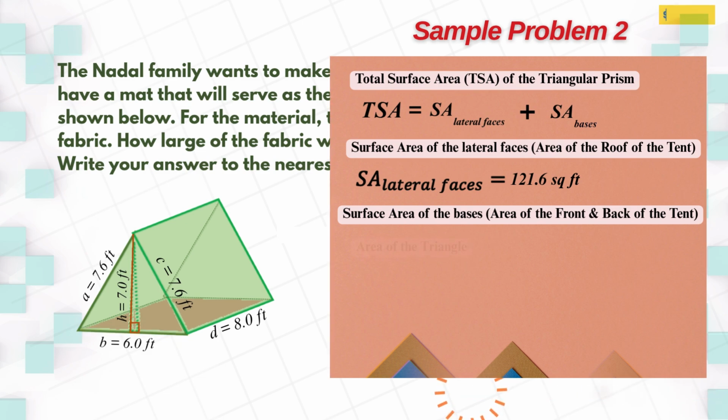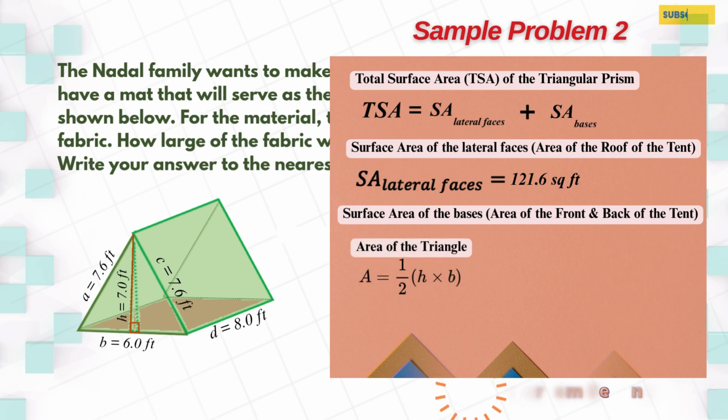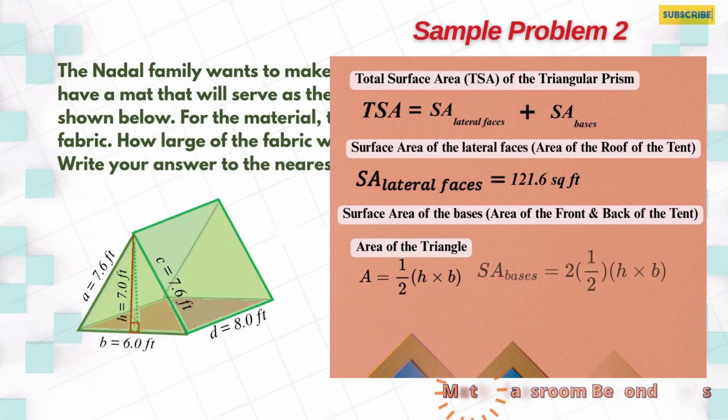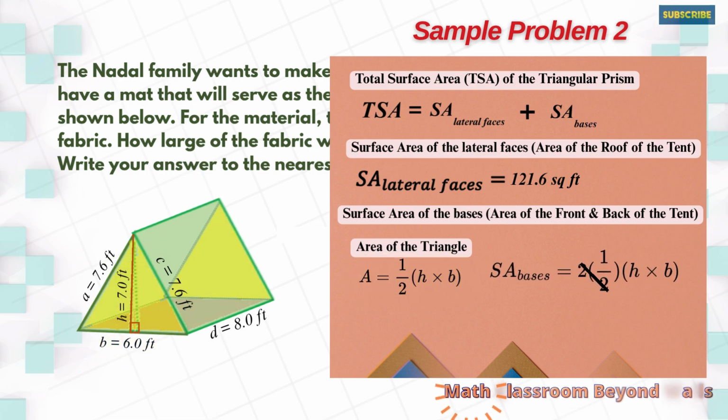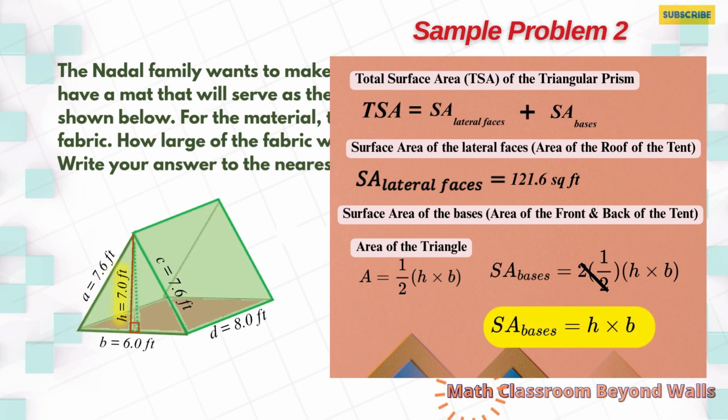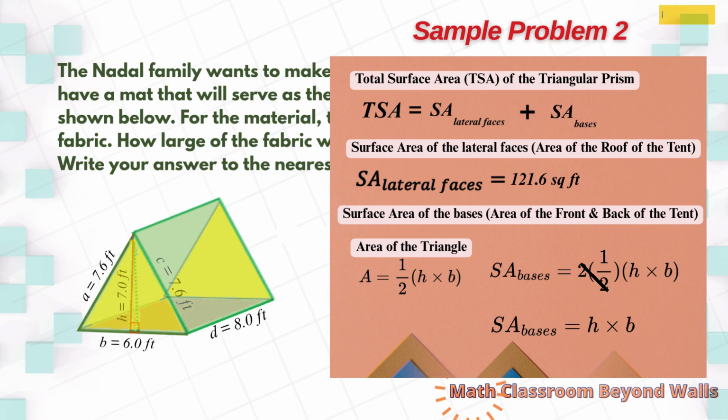Here, the area of the triangular base is 1/2 h times b. Since there are two of these triangular bases, the surface area of the two triangles is h times b, where h is the height of the triangle and b is the base of the triangle. In our tent, these are the front and back triangular surfaces.